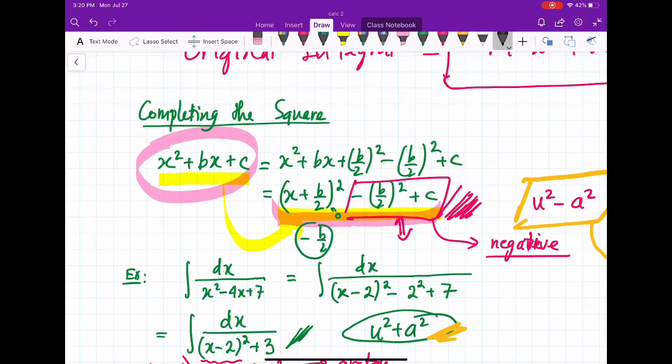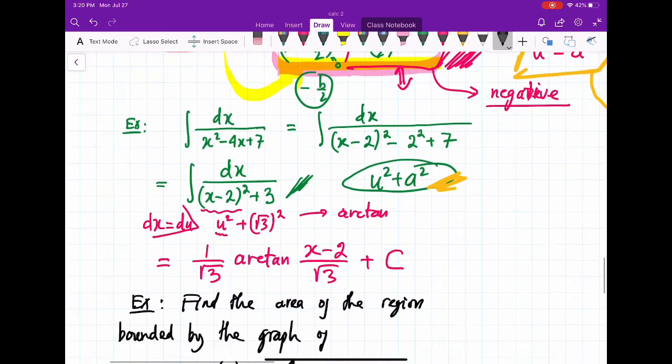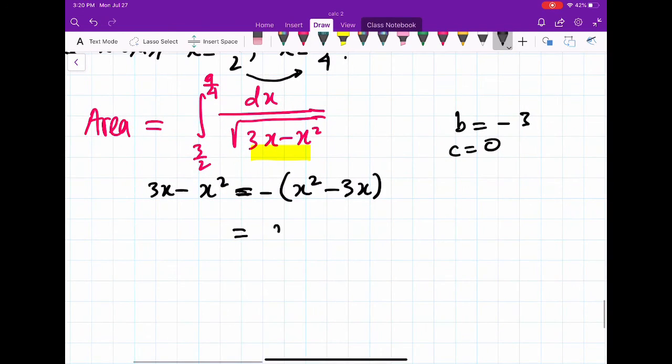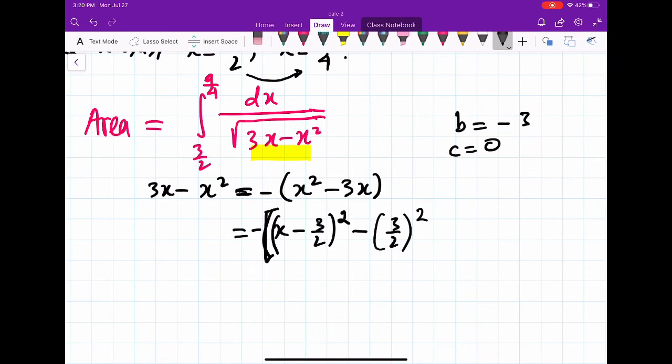I have x plus b over 2, minus b over 2 squared, plus c, but c in this case is 0. b in this case is negative 3, okay? So I have x minus 3/2, squared, and then minus 3/2 squared. c is 0.